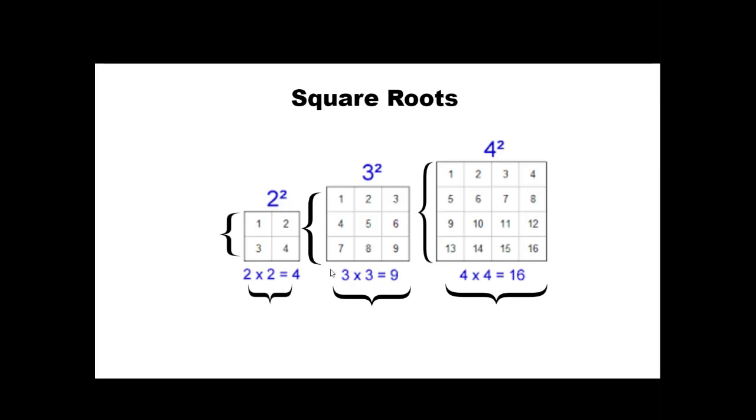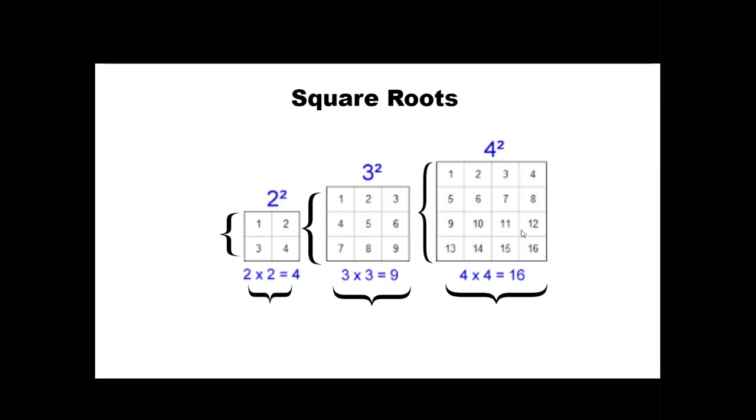So for that situation, this length would be 3. See, 1, 2, 3. This height would be 3. 1, 2, 3. And my area would be 9. In this area model, we see that the area is 16.